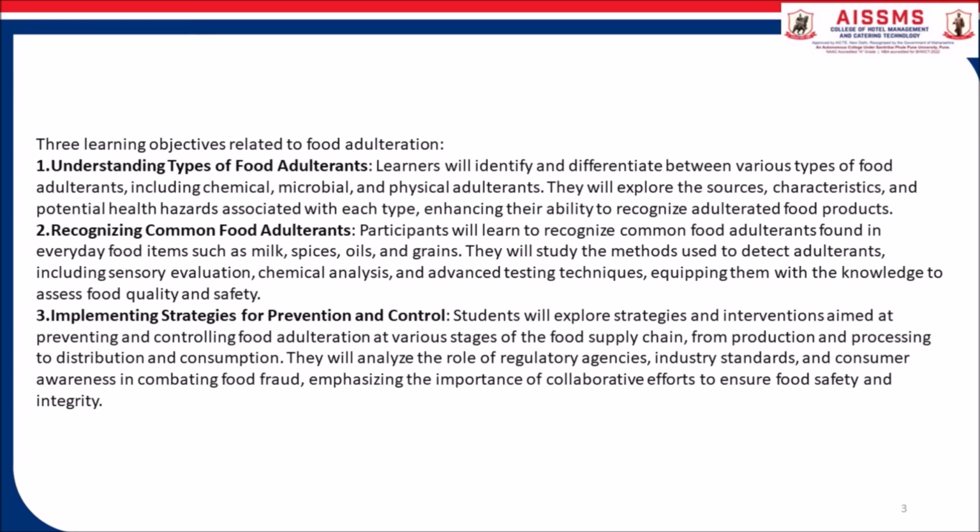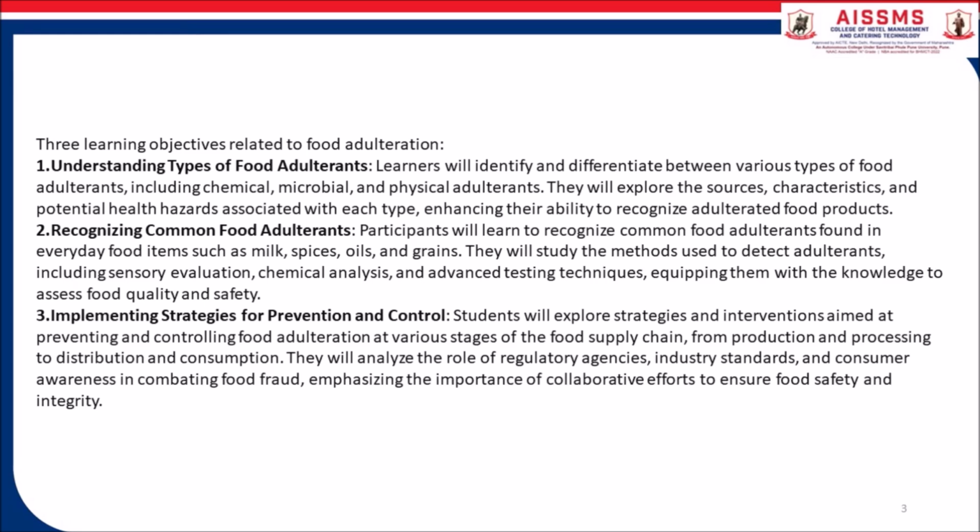Number 2, understanding adulteration techniques and detection methods. We will gain insight into the methods and techniques employed to adulterate food products, such as dilution, substitution and addition of foreign substances.